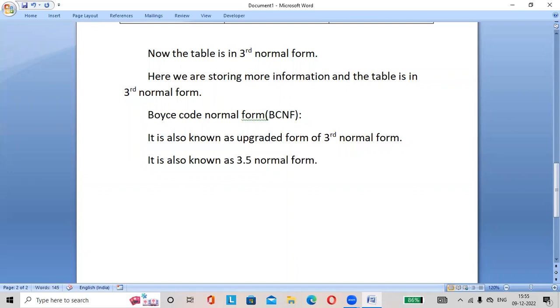Okay, what are the conditions of BCNF? First, the table should be in third normal form.